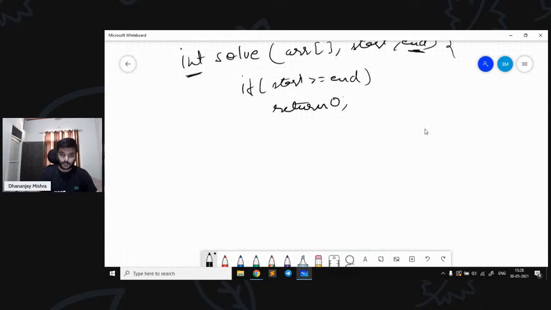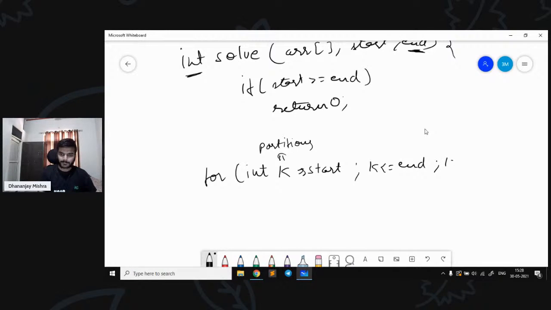Now, as we said, we will have a partition at each and every index. For that I have a k that will denote my partitions. It will start from start, and we assume it will go till end, with k plus plus.